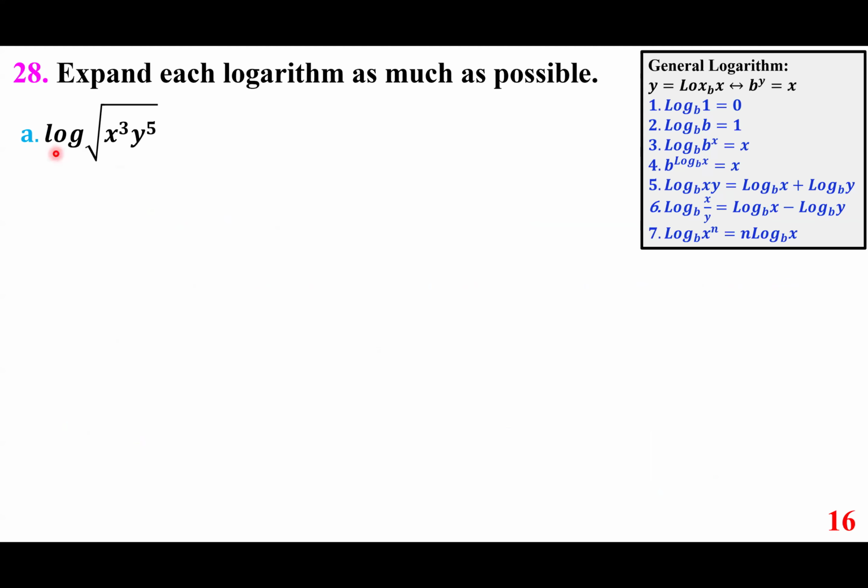Log of square root of x cubed y to the power of 5. We want to expand it, we want to decompose it. First, notice this is the same as x cubed y to the power of 5, to the power of 1/2. We use number 7 and we put the 1/2 in front.